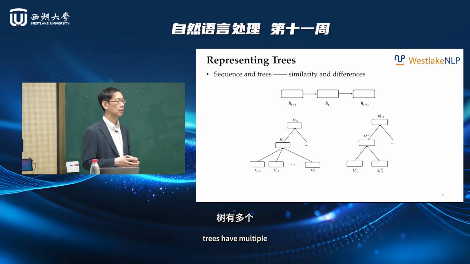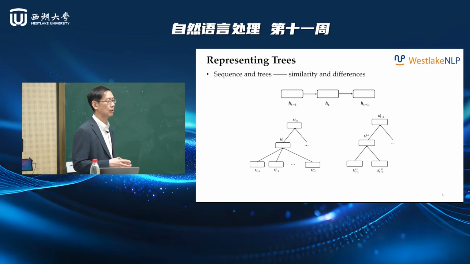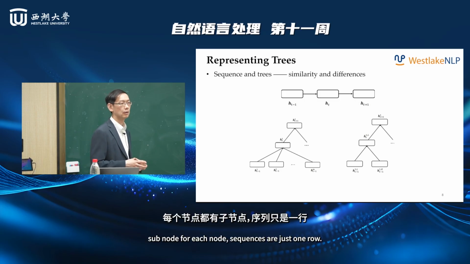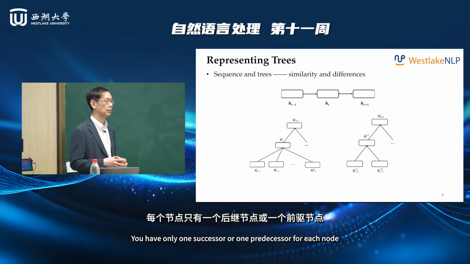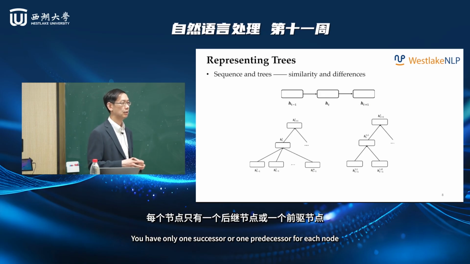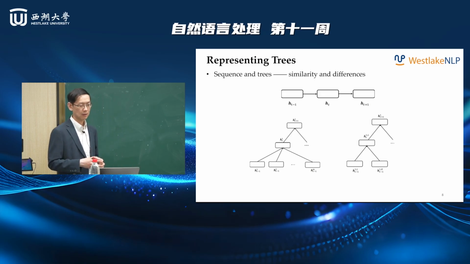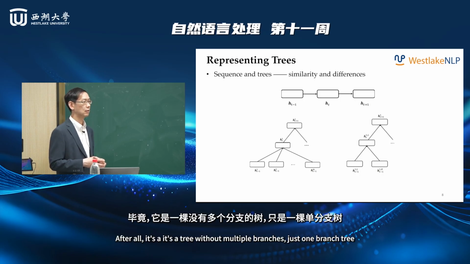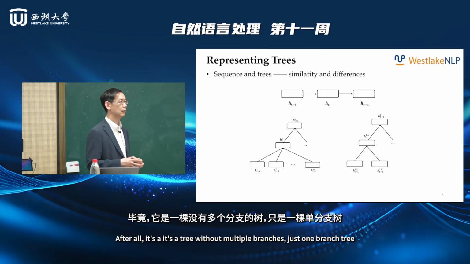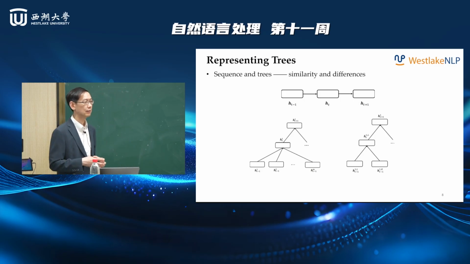Trees have multiple subnodes for each node, all right? So sequences are just one row. You have only one successor or predecessor for each node. I think that's the main difference, okay? A sequence can be seen as a tree, after all, right? It's a tree without multiple branches, just one branch tree, okay?